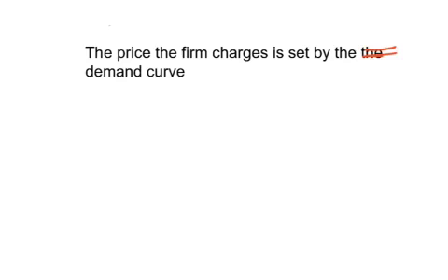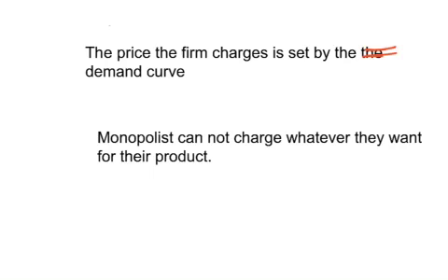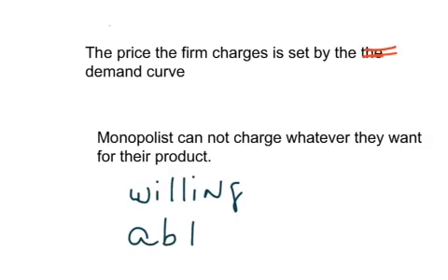So this brings up a really important point, that the monopolists cannot charge whatever they want. So we want to keep in mind they cannot charge whatever they want for their product. Remember that there's two limits to demand: first of all, consumers need to be willing and able.